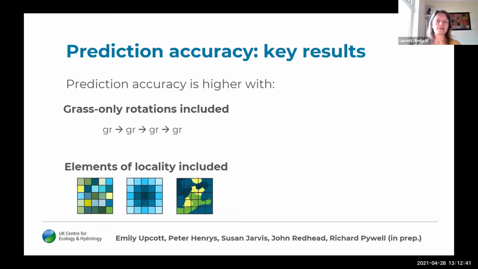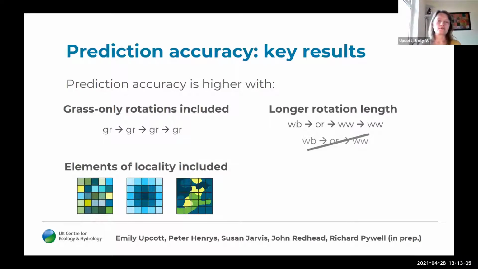Also, including spatial elements is coming out as more accurate. So using 10-kilometer grid cells is quite high. Then spatial smoothing using Gaussian kernels, and then using the 2007 ITE land classification system.